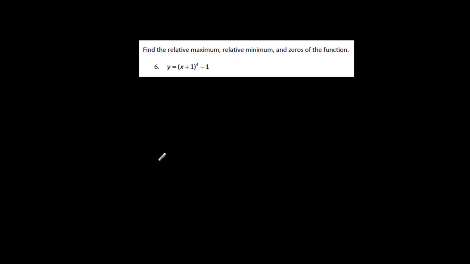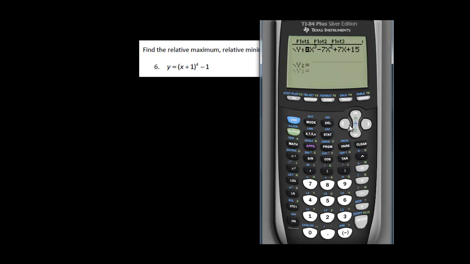This one over here, they want you to find the max, min, and zeros. So let's clear this out. So we're going to have x plus 1 in parentheses raised to the 4th minus 1. Hit graph.